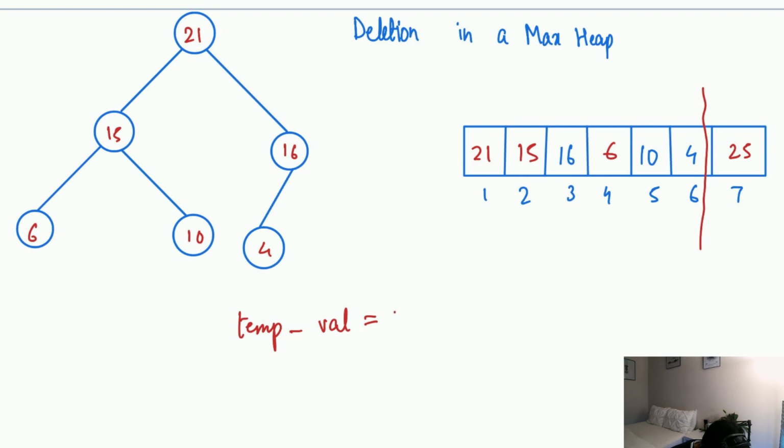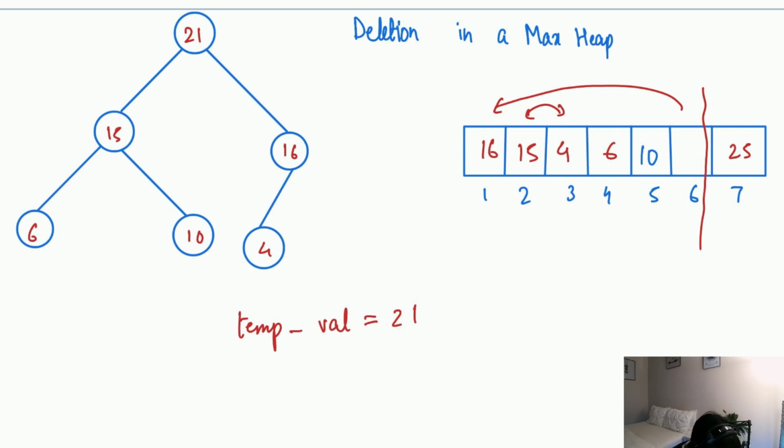So now we delete temp value 21, which is our root node, and swap it with 4. 4 gets moved and removed, and is then compared with its children. If the value is lesser than its children, the child with the higher value gets swapped, which is 16, so 16 gets swapped with 4.